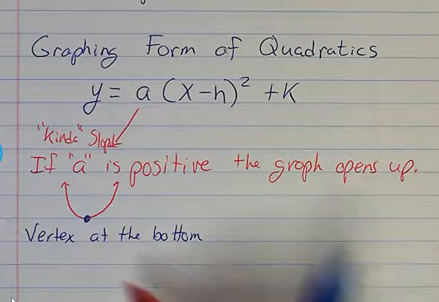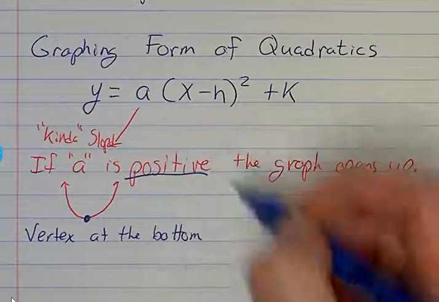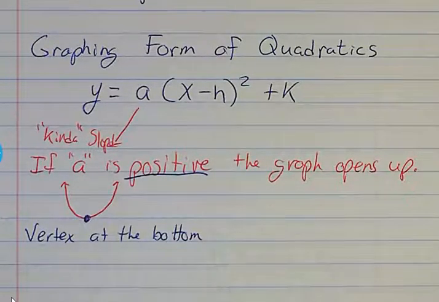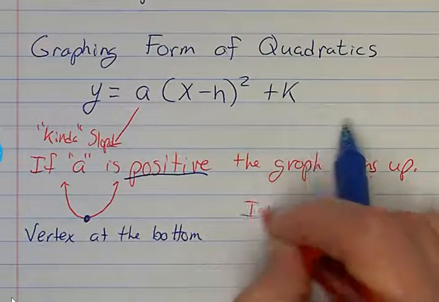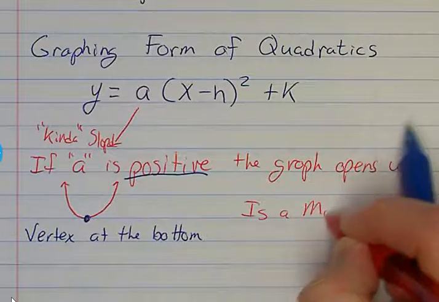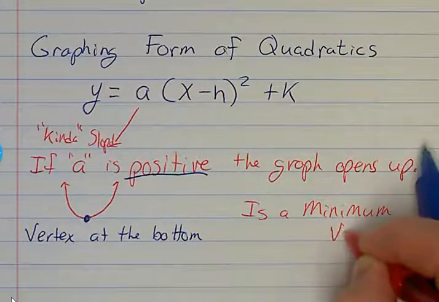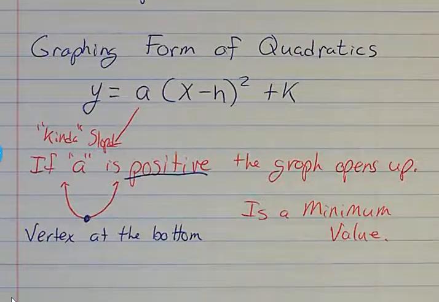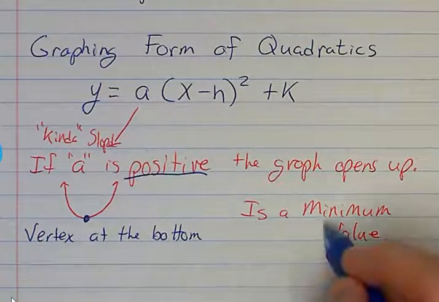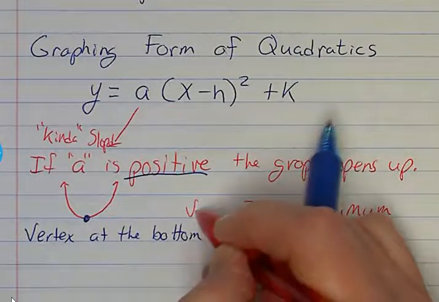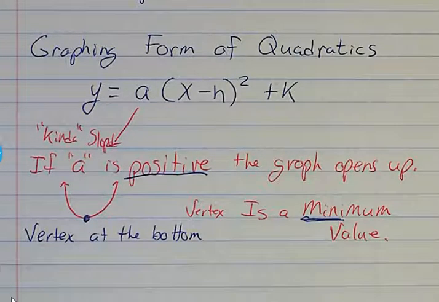So if A is positive, the graph looks like this, the vertex is at the bottom, and that means this is going to be a minimum value. So the vertex is at the bottom, so your vertex is a minimum value.